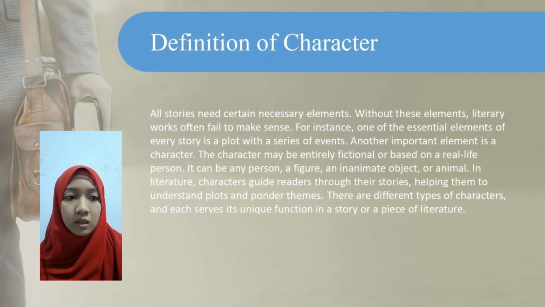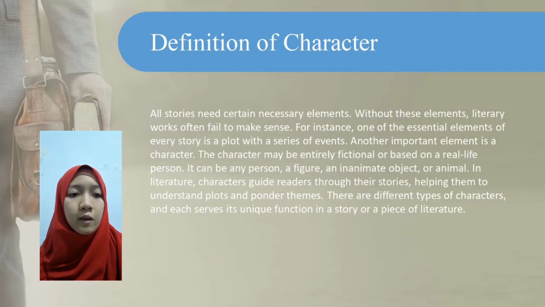Definition of character: all stories need certain necessary elements. Without these elements, literary works often fail to make sense. For instance, one of the essential elements of every story is a plot with a series of events. Another important element is a character. The character may be entirely fictional or based on a real-life person.